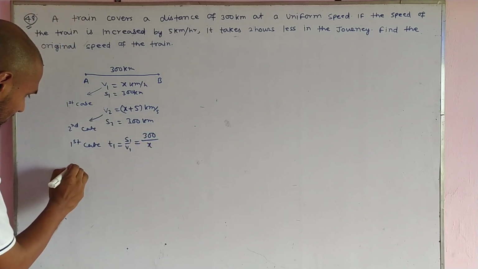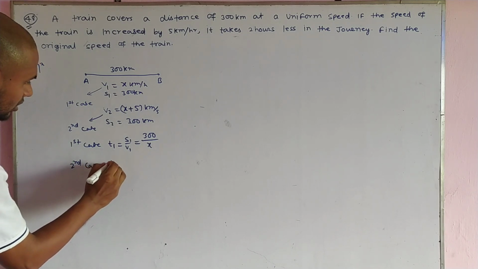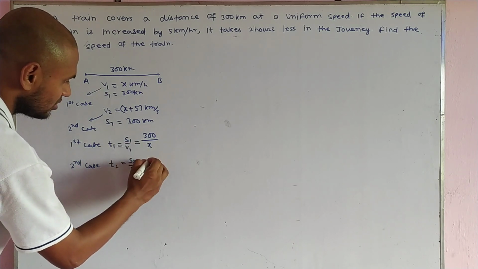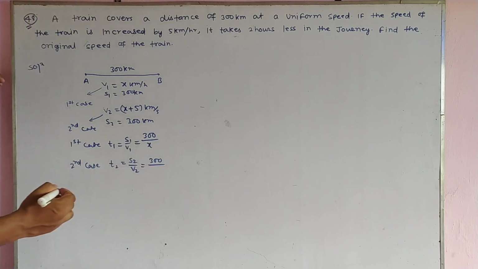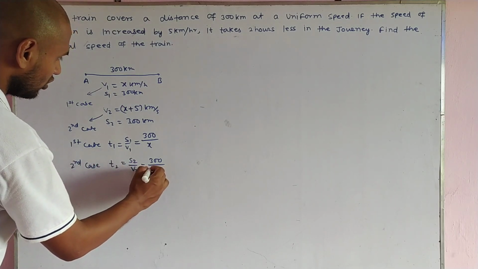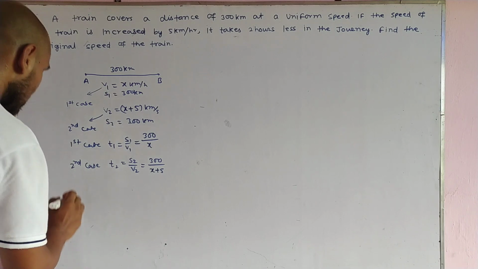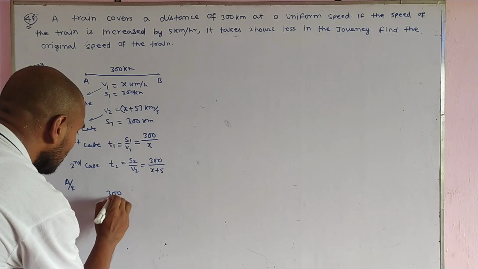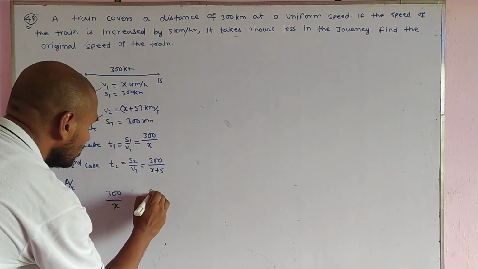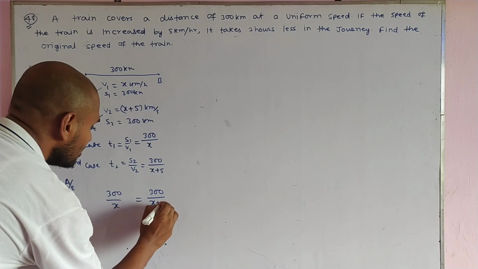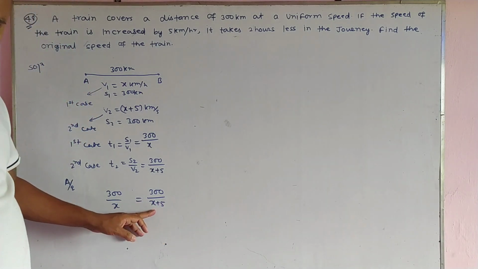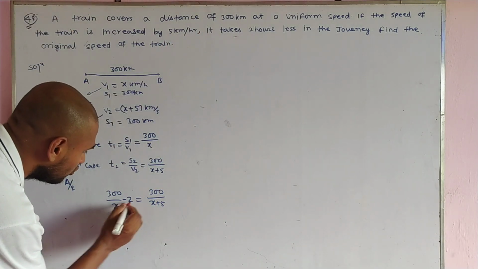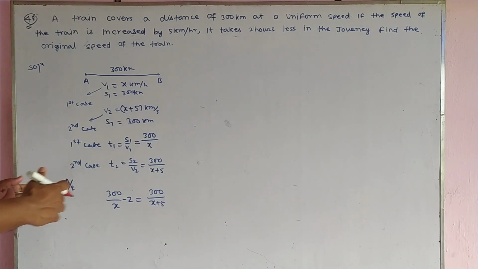In the second case, t2 is s2 upon v2, and the distance is the same, so v2 is x plus 5. So we can write 300 upon x equal to 300 upon x plus 5, and this time is lesser by 2 hours, so we subtract 2 in the first case so that they equate.